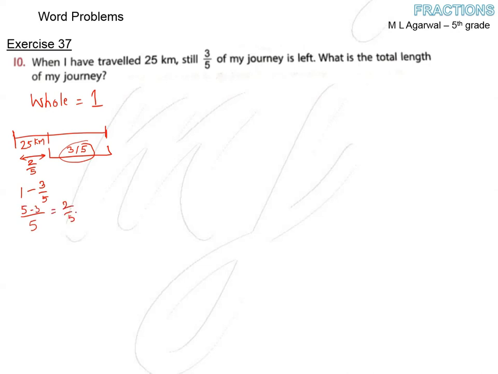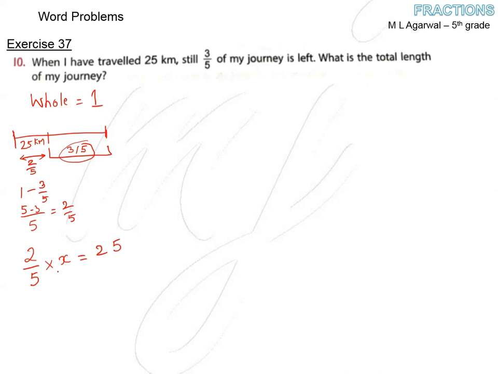Correct? So 25 kilometers I have completed, which is 2/5 of my journey. 3/5 of my journey is remaining. So how do I find out the total length of my journey? So 2/5 of my journey, suppose the total journey is x, is equal to, now I will say not 3 upon 5 but 2 upon 5, because I am doing 2/5 of my journey and I am saying equal to 25 kilometers.